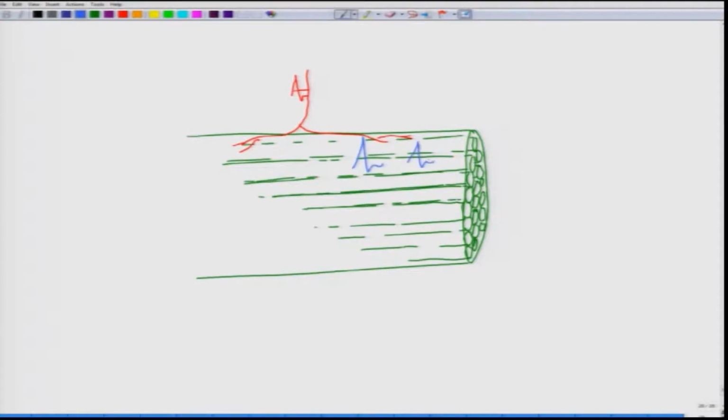Now think of a situation: how could the electrical signal travel all the way into this, or how can the contraction happen all along this, because your connection is happening exclusively out here? How is it getting transmitted? That is where comes the significance of the action potential which is generated by the muscle.